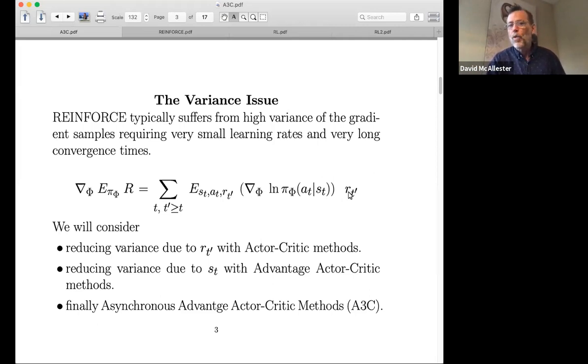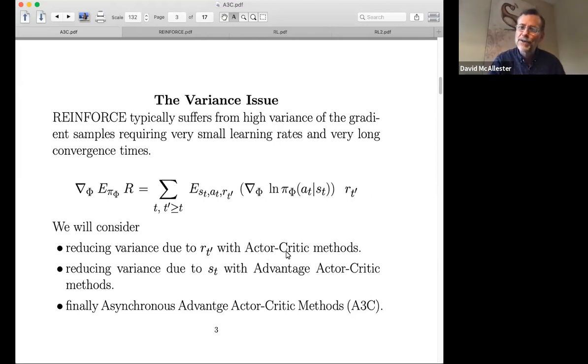And then we've got a reward that's coming from some later time. Now, this is going to have high variance due to the fact that this reward is a random variable. And this reward is going to depend on actions that happen in between these two times. So there's a lot of variance due to this reward. The first thing we're going to look at is trying to greatly reduce that.